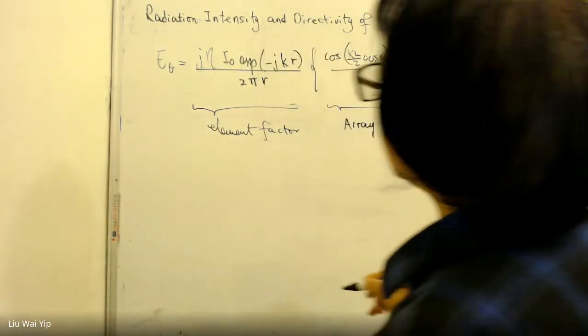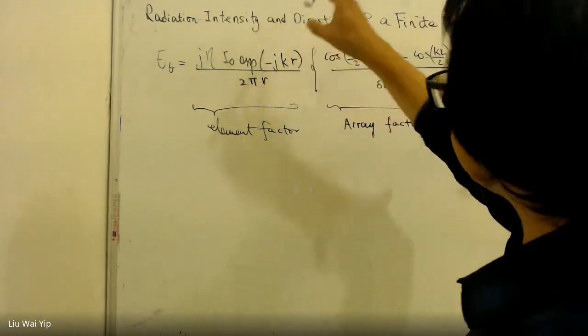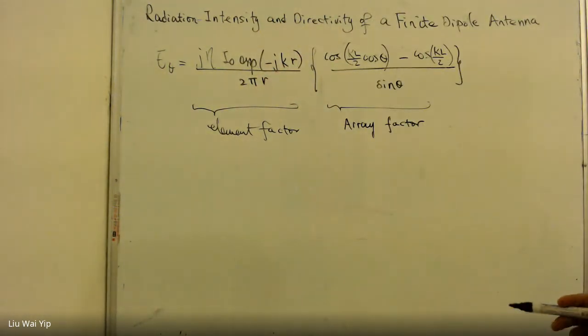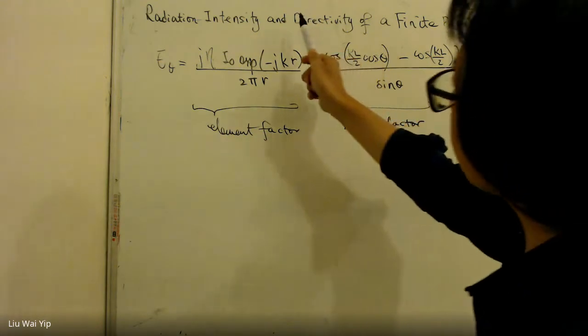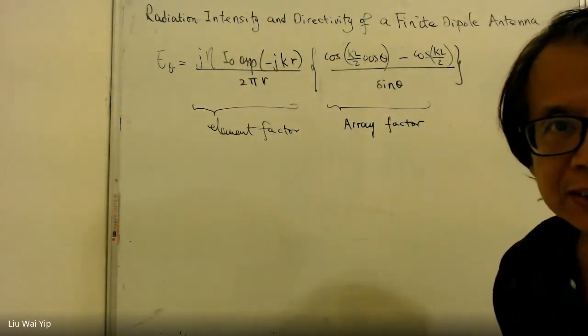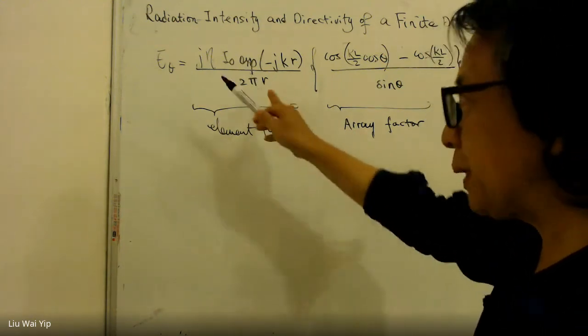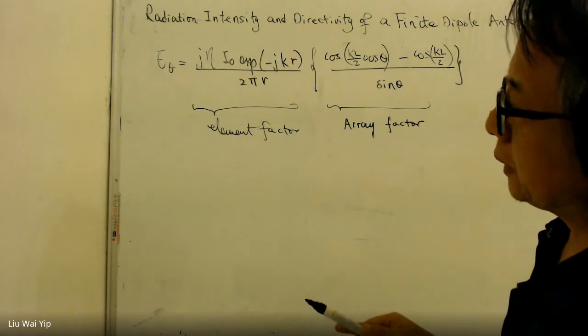And today, what we are looking for is the radiation intensity and the directivity. To be able to get the directivity, we need to find out the radiation intensity. And all we need is to manipulate this formula.